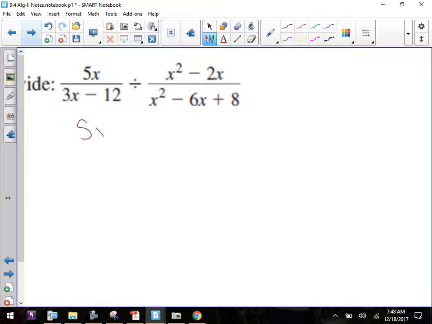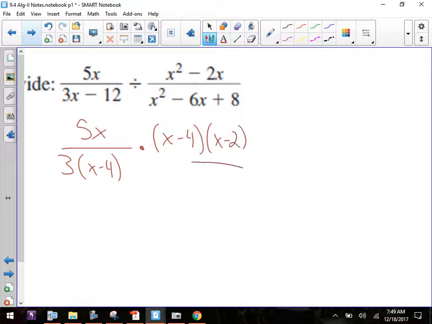So you'll have 5x over 3 times the quantity x minus 4, times x minus 4, x minus 2, x, and then x minus 2. All I'm doing there, guys, is factoring as I write the problem down, because I know I'm going to have to do it anyway. Just makes it a little bit quicker.